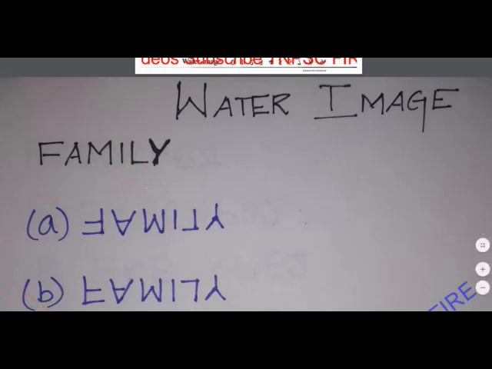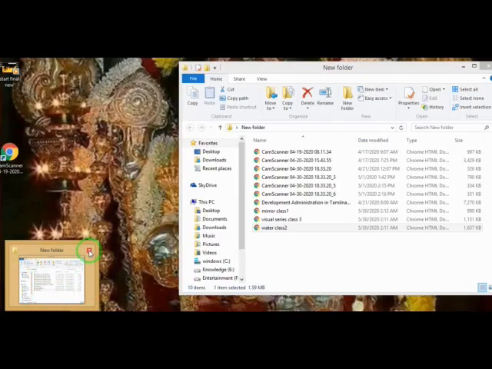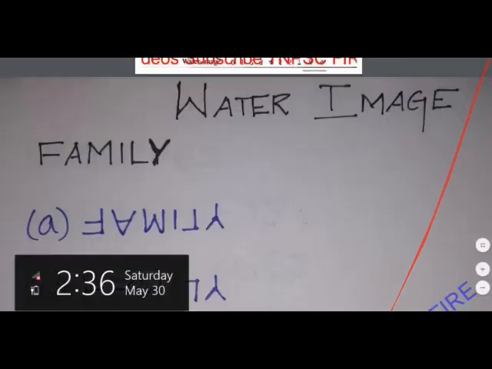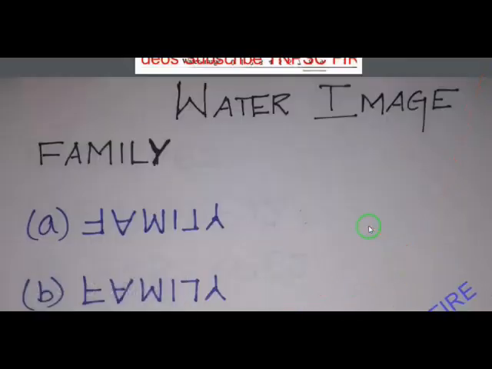First of all I will tell you a small technique for this family, that is water image. The technique is the opposite side.